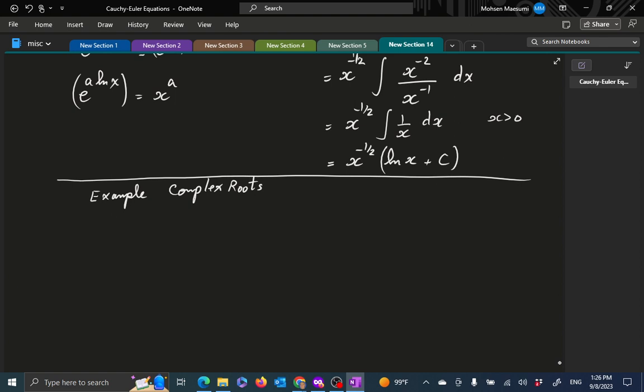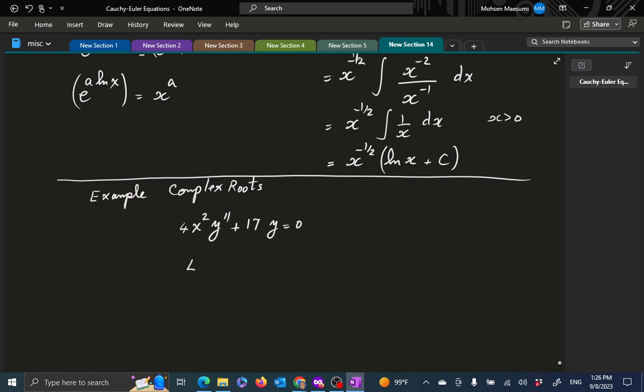But at any rate, suppose we are asked to solve, say, 4x squared y double prime plus 17y equal to 0. So let's take it and run just like we did before.